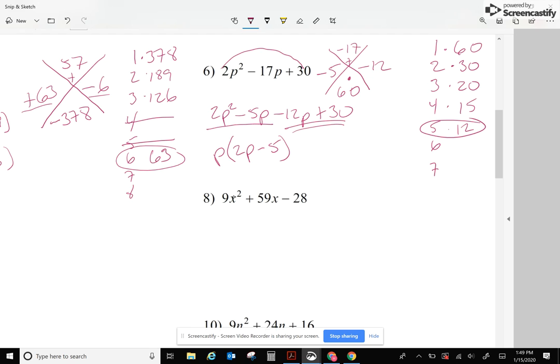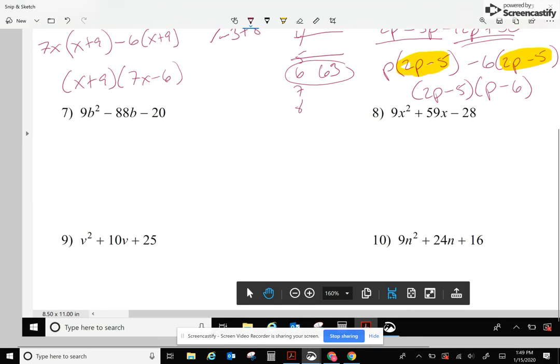Looking at the last 2 terms, let me divide each by a negative 6. That gives me 2p minus 5. So my factors are 2p minus 5 and p minus 6. The 2p minus 5 is because it's the parentheses that match. The p minus 6 is what I have outside of the parentheses.